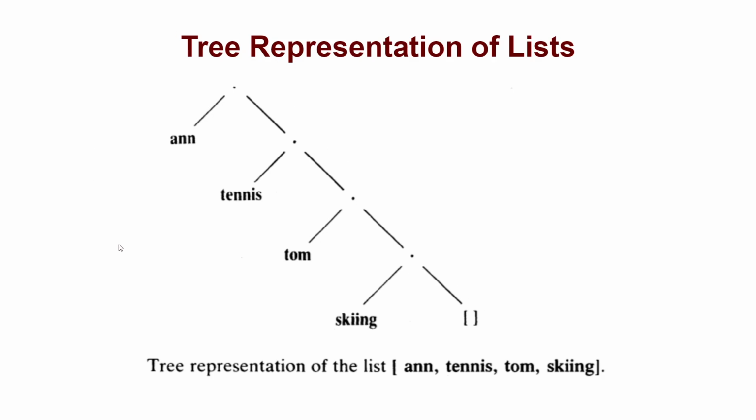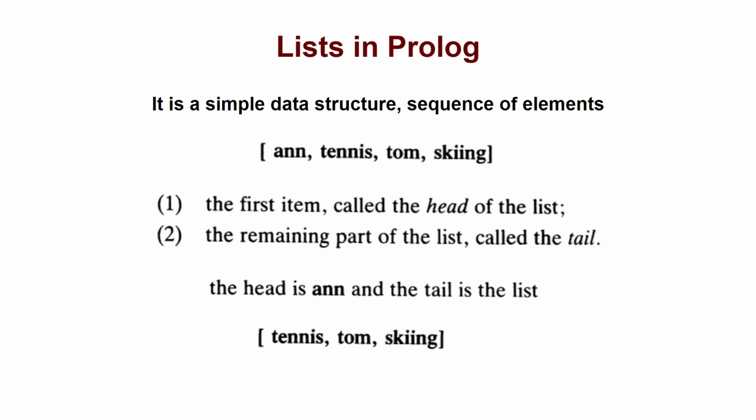So this is the tree representation of lists in Prolog. This notation, the first element being the head and the tail being the remaining list, is a very important concept in Prolog. We will be working with many problems where we have to know this representation.